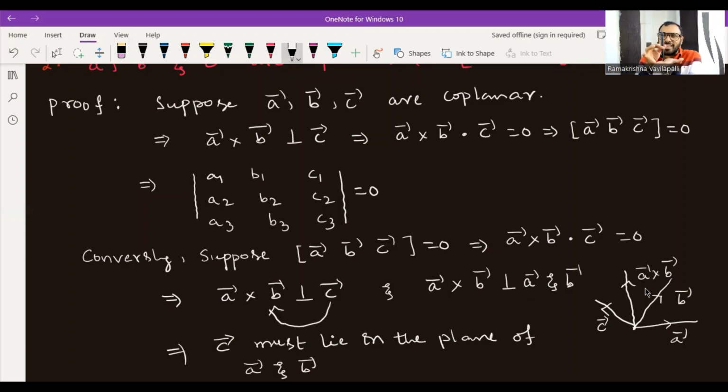Now you need to draw a vector perpendicular to this A bar cross B bar, which means that it must lie in the same plane, or you can say one of my fingers is perpendicular to this. So this one of my fingers is nothing but C bar. So C bar lies in the plane of A bar and B bar. So this implies A bar, B bar, C bar are coplanar.